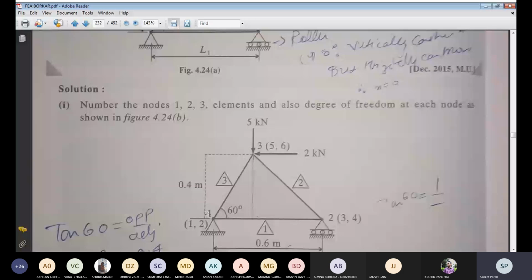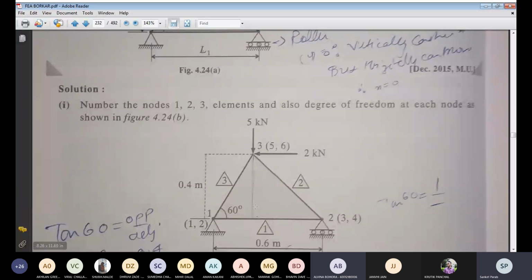Therefore, it will not have any force in the x direction. Are you getting it? Is this point clear? Sir, could you repeat the roller part again?